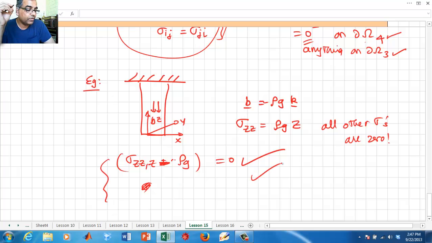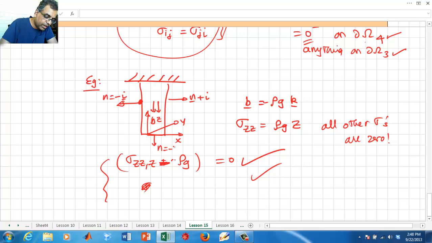So it satisfies inside. How about on the boundary? Well, on this boundary you can see the normal direction, n equal to minus i, n equal to plus i, no problem. The only thing that matters is n equal to minus k here, and if I substitute z equal to 0 here, the stress is 0, so that's true.